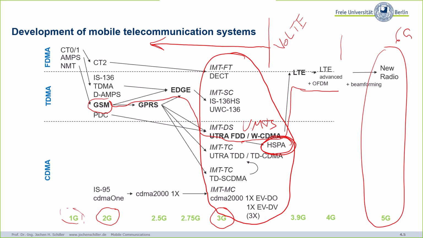It did not work out in the third generation. It worked out in the fourth generation. But in the third generation, they set certain goals, and then we had competing standards like IMT multi-carrier, where CDMA 2000 is the brand name, like we have the IMT direct spread, which is then called UMTS, and we have IMT time and code, etc.